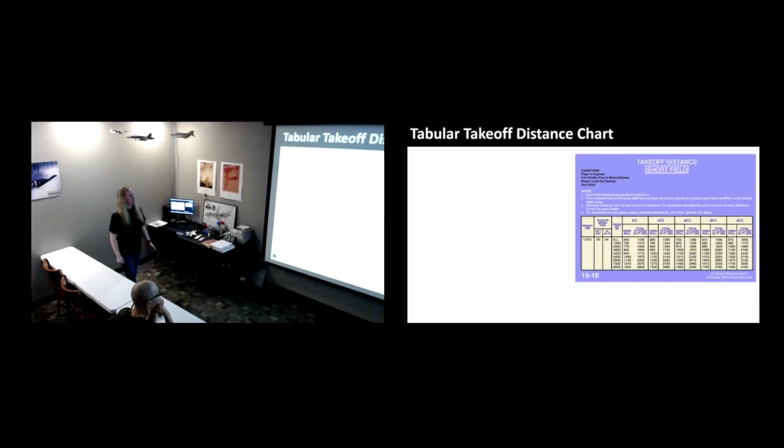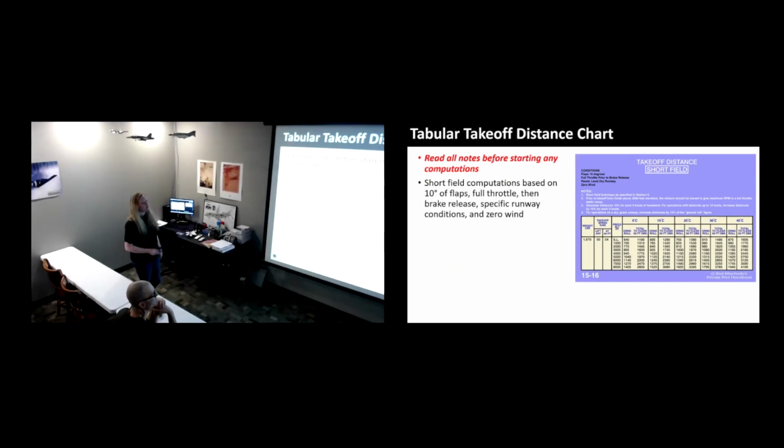See, you can ask questions. I answer them. All right, so the chart: read all the notes before starting the computations. This is why I hate these ones and I like the graphs. Short field computations are based on 10 degrees of flaps, full throttle, brakes released, specific runway conditions, and zero wind.